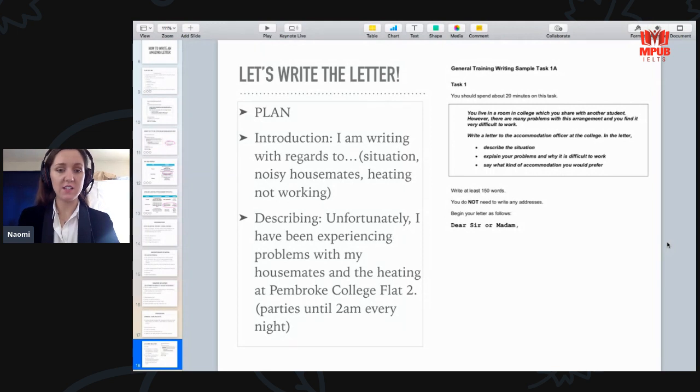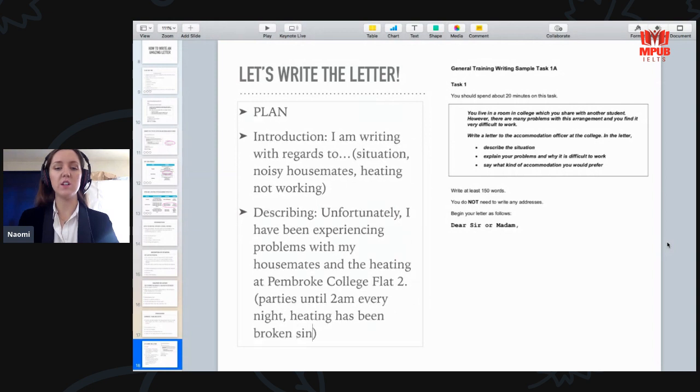Oh, that sounds fun, doesn't it? But can't do that in COVID times. Yeah, so this is a problem if you want to study, isn't it? Parties until 2 a.m. every night. Heating has been broken since. Yeah, can you see that I'm being very specific?